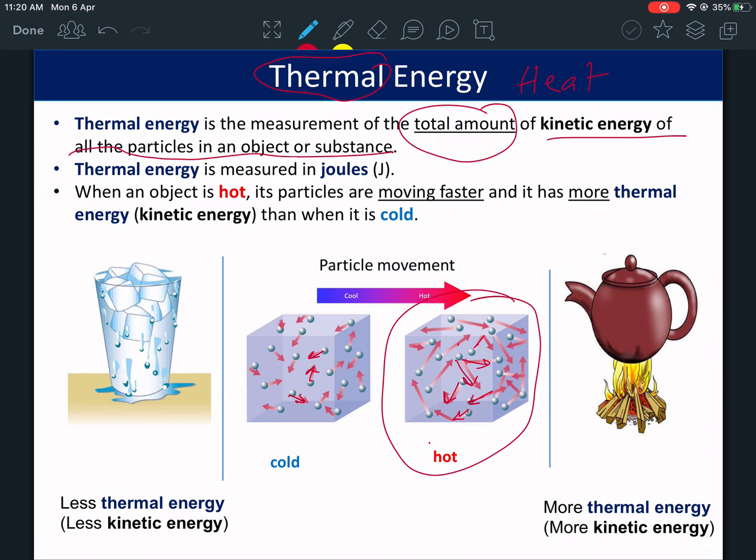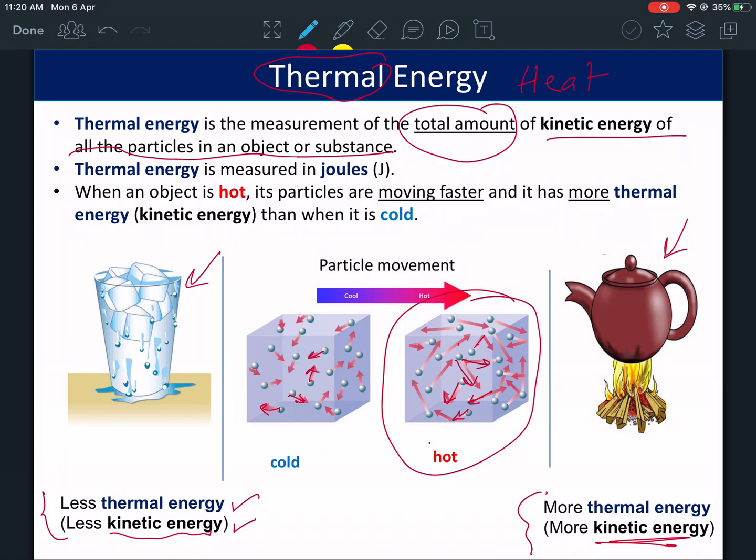The total amount of kinetic energy in an object is the thermal energy. So a hot object would probably have more thermal energy because it has more kinetic energy. This one has less thermal energy because the particles inside the cold object are moving slower. So it has less kinetic energy and therefore less thermal energy.